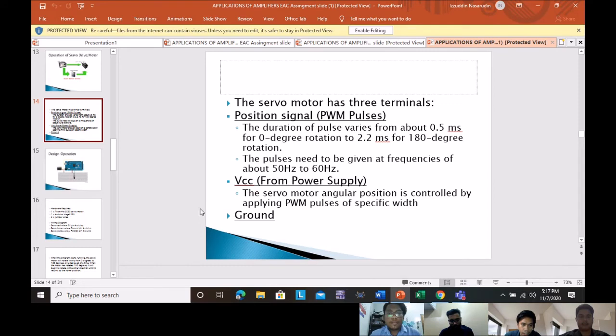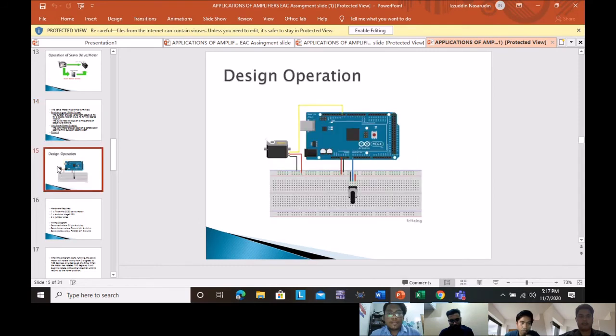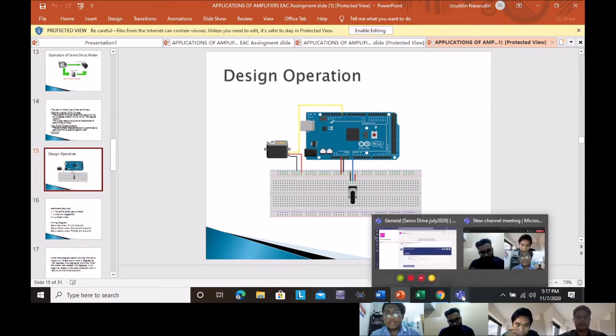Next slide, I will show you the construction of the circuit, how to connect the servo motor to the Arduino and the switch. This is a simple application related to our application, in which the Arduino contains the transistor inside the circuitry.